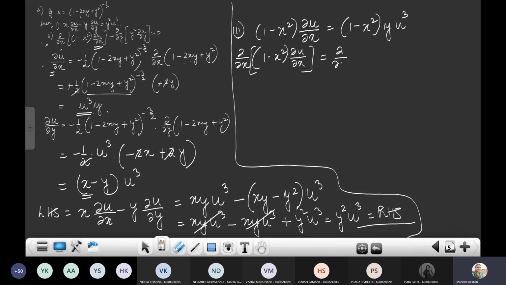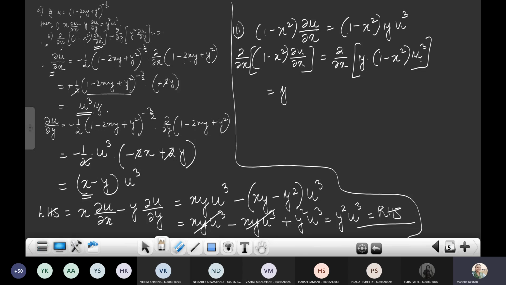That is del x of, now y is constant, so let me write it first, 1 minus x square into u cube, which is equal to y into, now see here. U is a function of x and y both, so u is not constant with respect to x. That means we can differentiate u with respect to x.